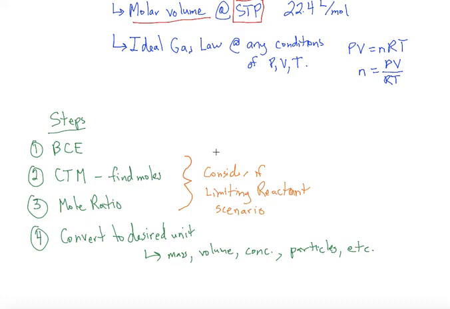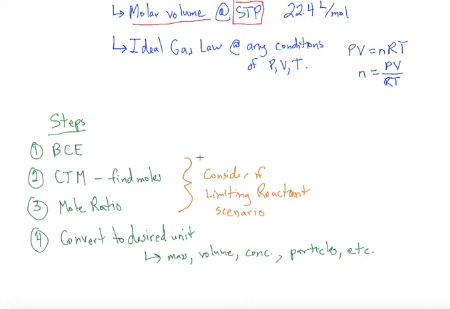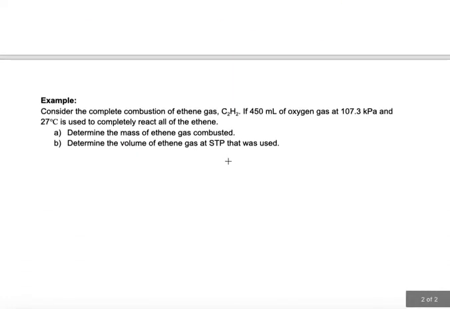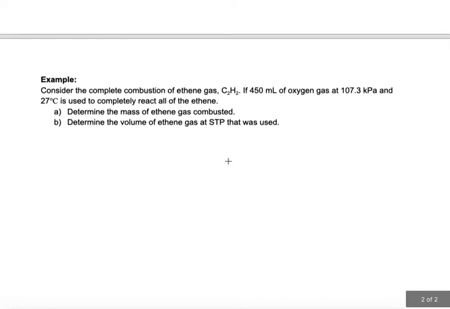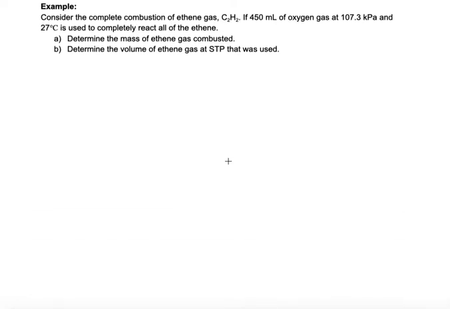Now we're going to do a problem using gases in that stoichiometry. Let's try this example. This problem says consider the complete combustion of ethene gas. Oh, I've got a little typo in my ethene gas. That should be C2H4.